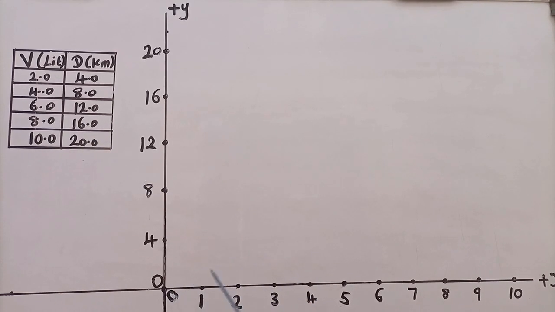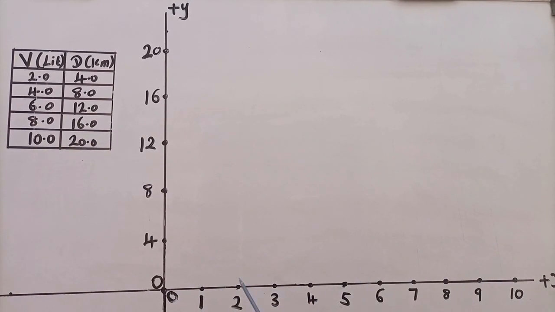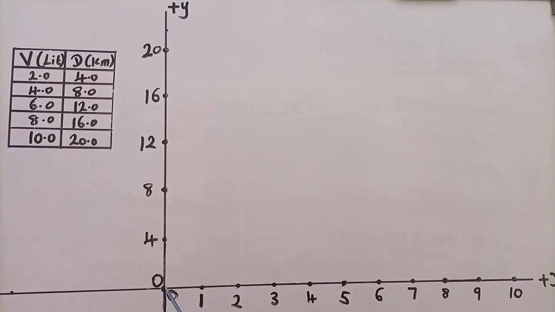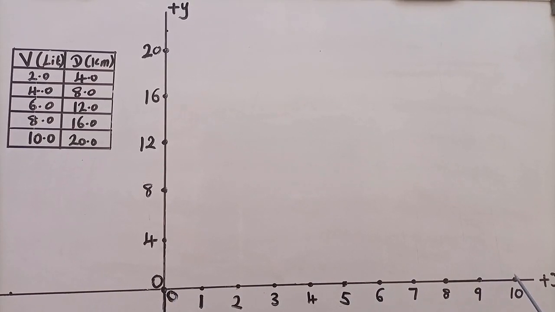Then from 0 to 10 is measured and broken into equal intervals. That is why if I break it from here to here into 10 divisions, one division or one interval is 1. If I break it into 5, each of the 5 divisions will be 2, and so on and so forth.